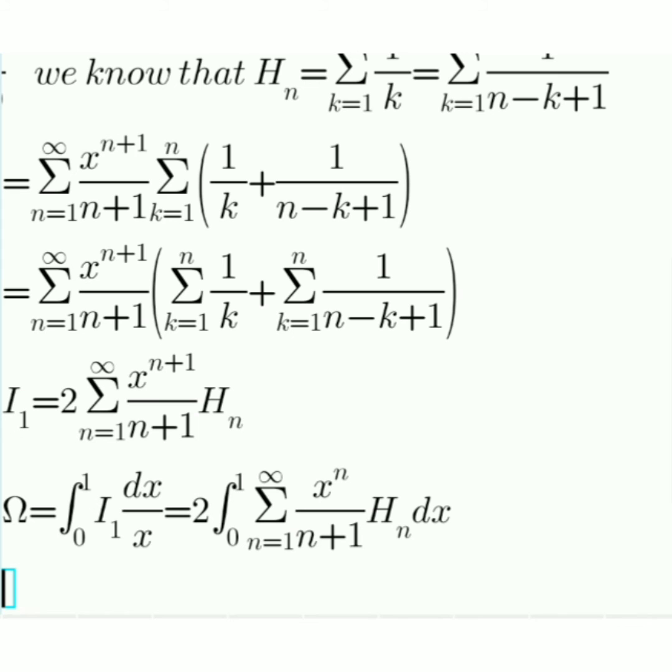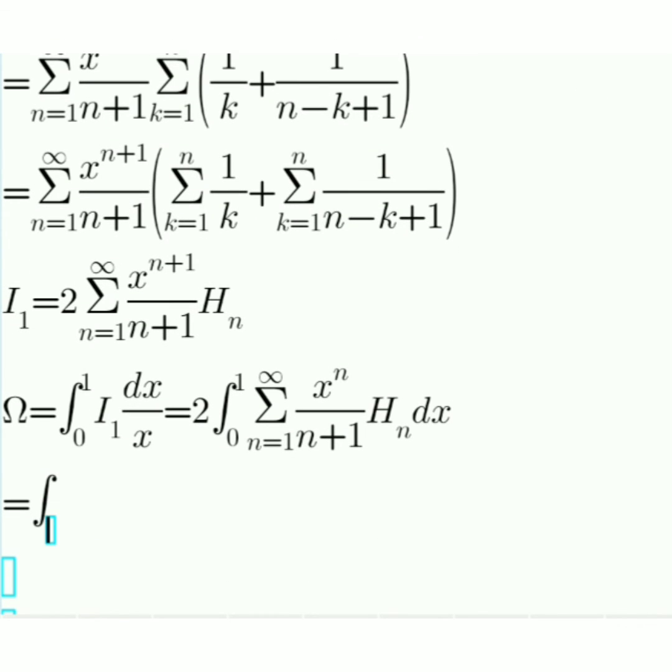So friends, dx is multiplied, and after that, when I integrate 2 into 0 to 1, integrating x to the power n gives x to the power n plus 1.